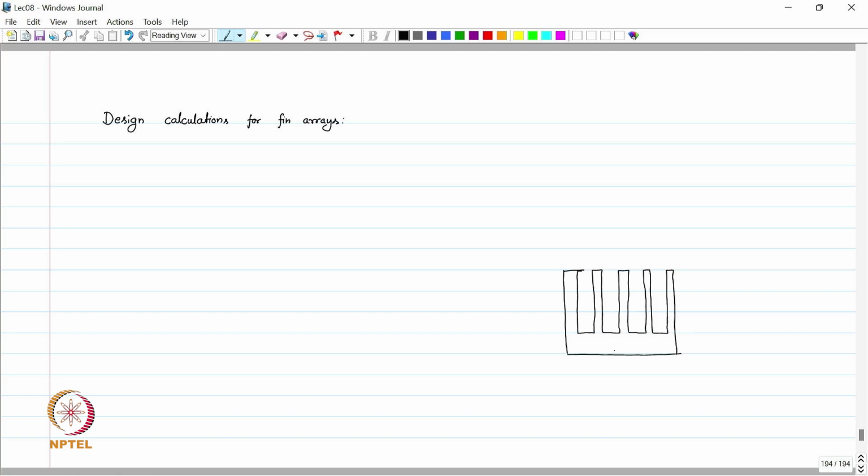This is a typical heat sink, and there are certain parameters.